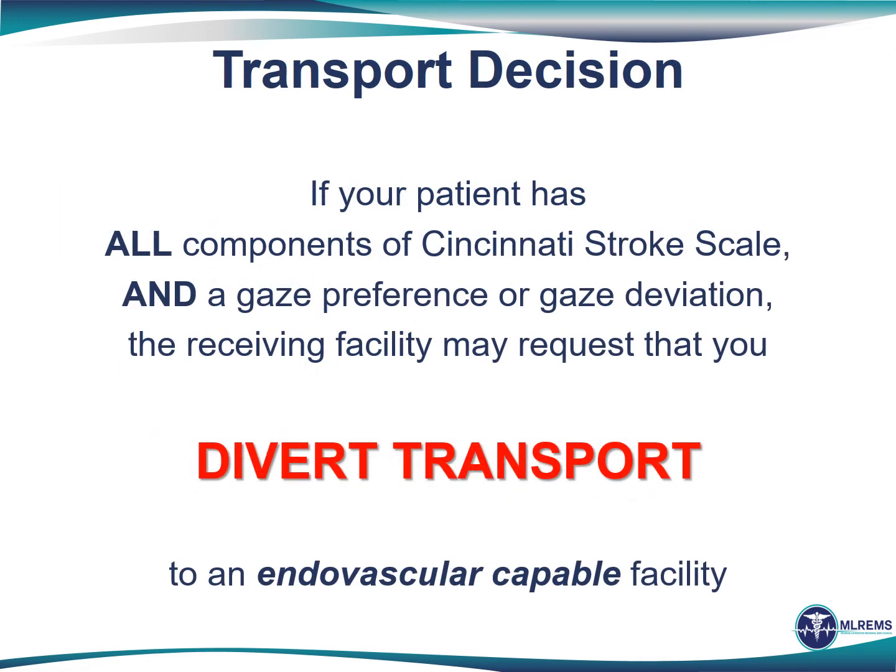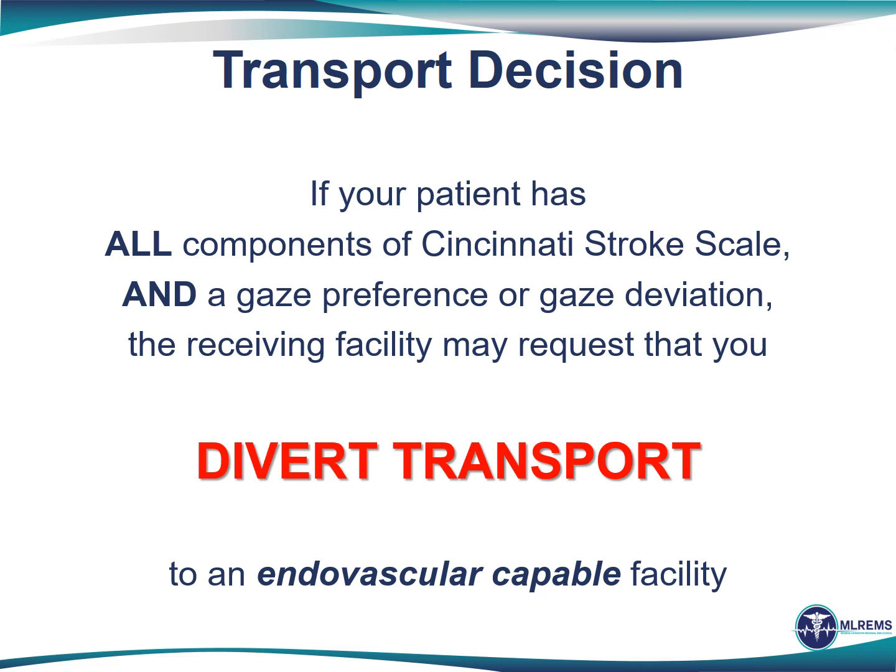The reason that you may be asked about this is because the presence of a gaze preference or deviation may suggest the presence of a large vessel occlusion stroke, and those patients do better by being treated at an endovascular capable facility. So your protocols right now expect that every stroke patient is taken to the nearest available stroke center.